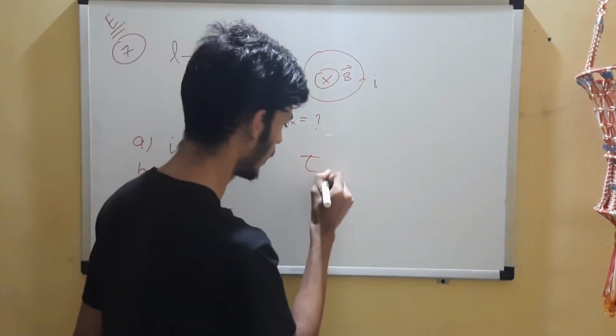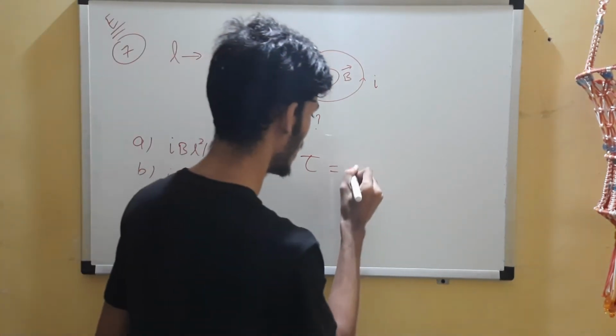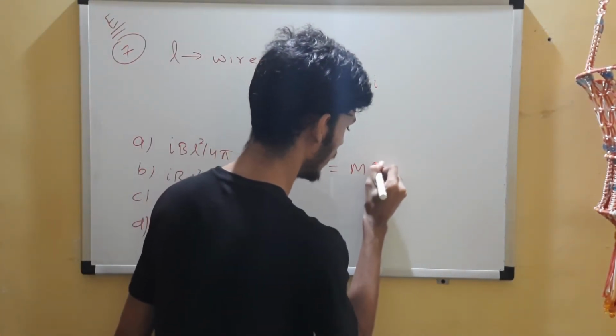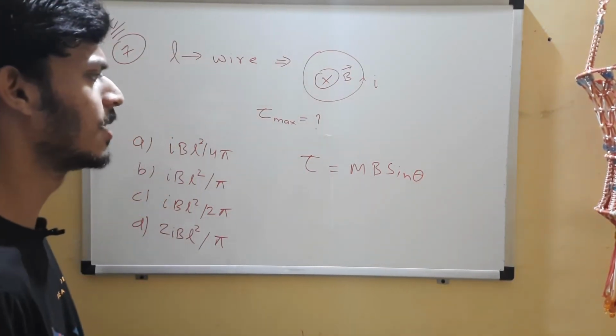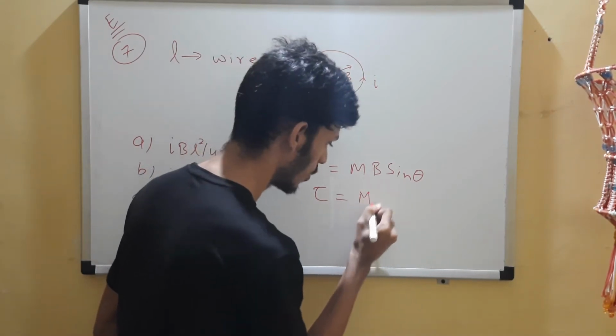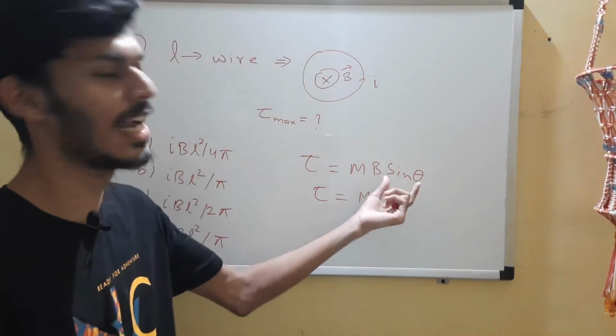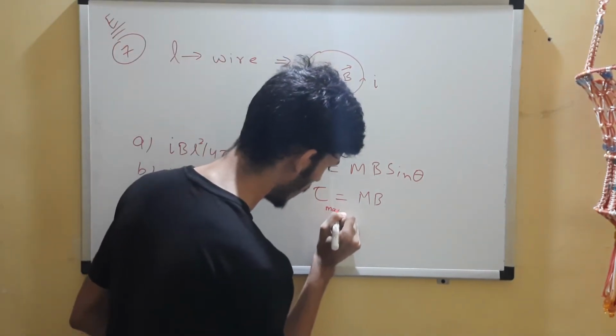So maximum torque. First of all, torque on a loop, we know it from question 1. It is given as m cross B, or we can write it as mB sine theta. Maximum torque will attain its maximum value when sine theta becomes 1, so the maximum torque is mB over here.